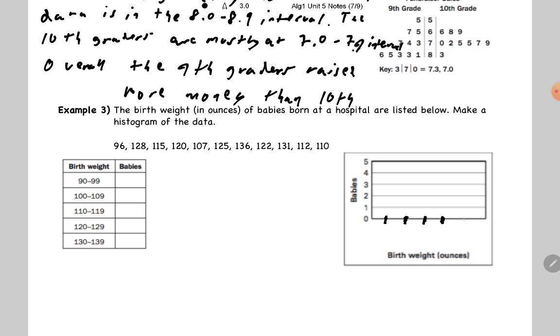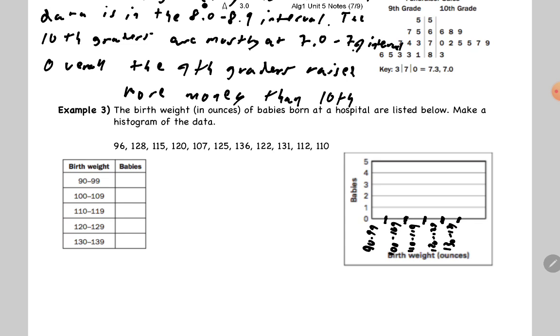120 and then 139. So once again, this should be 90 to 99, 100 to 109. This should be 110 to 119, 120 to 129, and 130 to 139.